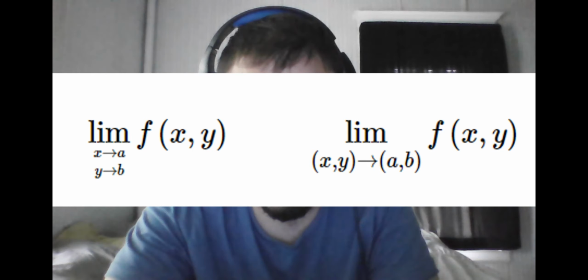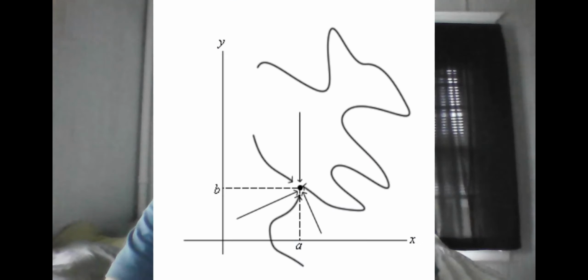We see graphically a problem with these types of limits is that there's literally an infinite amount of directions you can approach from, whereas with single variable functions there is only two. And we know that limits exist if and only if every path you approach from gives you the same value at the limit point.